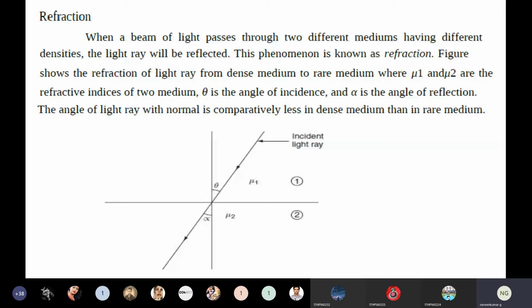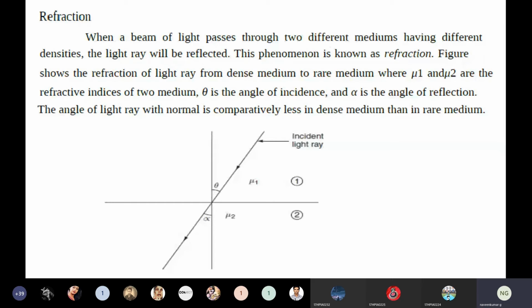Next, the figure is showing the refraction of a light ray from a dense medium to a rare medium, where mu1 and mu2 are the refractive indexes of the two media. Theta is the angle of incidence. The incident light ray is incident onto the surface, that is the line differentiating the two different media, at an angle theta.